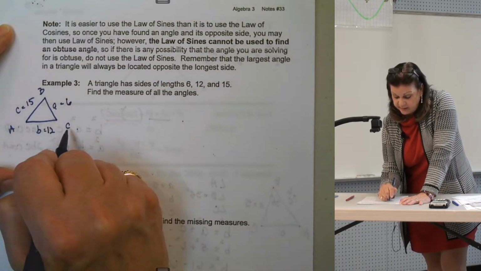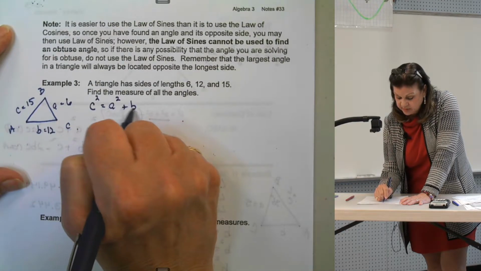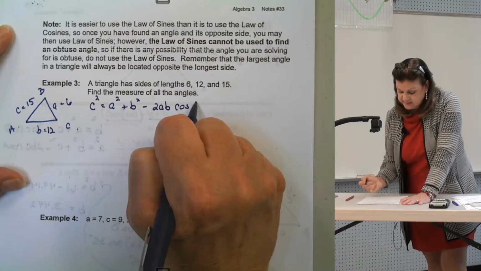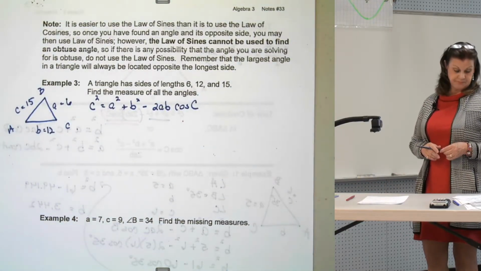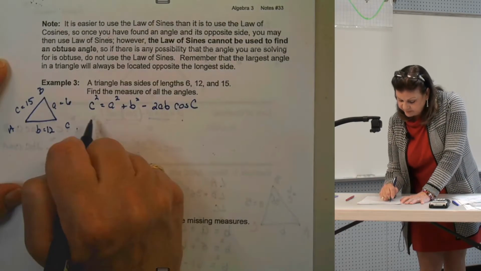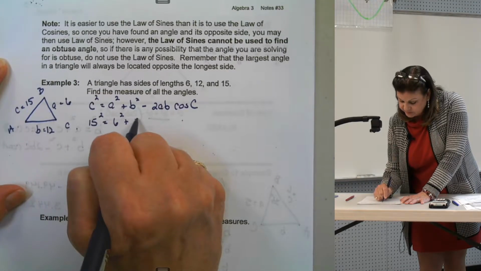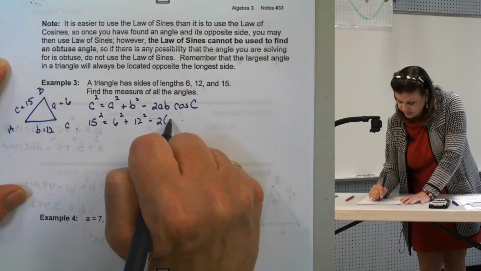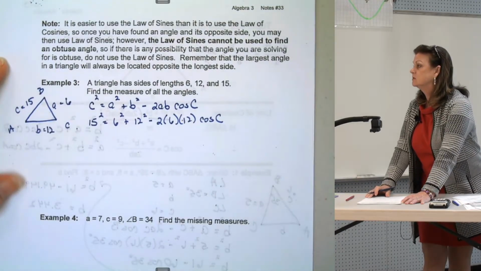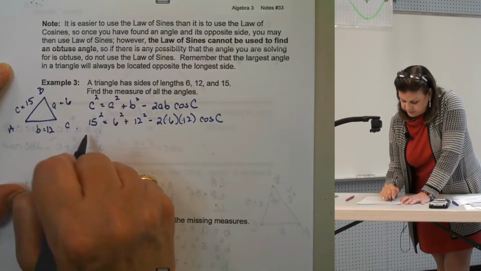So I'm looking for C. So I'll begin. C squared equals A squared plus B squared minus 2AB cosine C. Okay, so I'm going to have what? 15 squared is 6 squared plus 12 squared minus 2 times 6 times 12 times the cosine of angle C. 225.